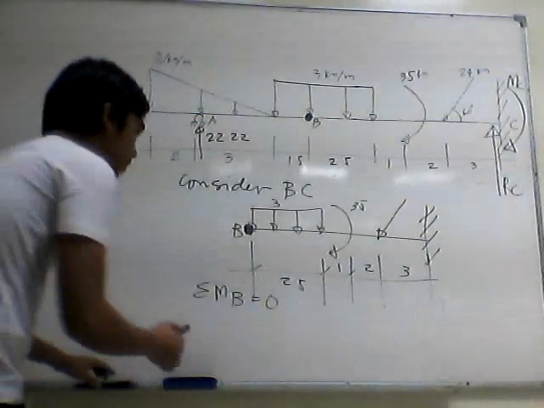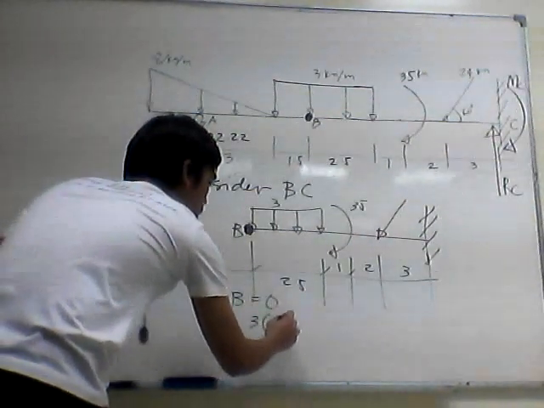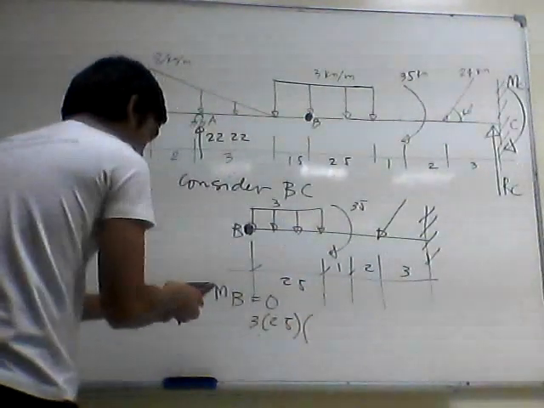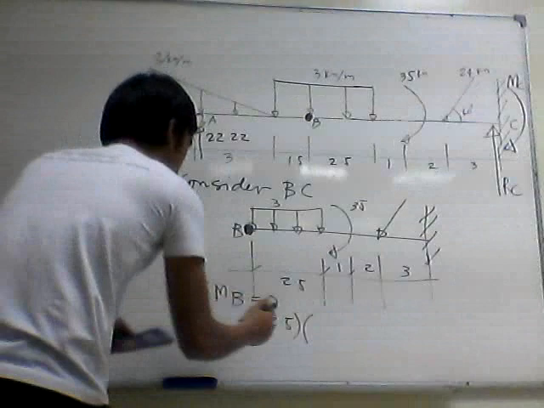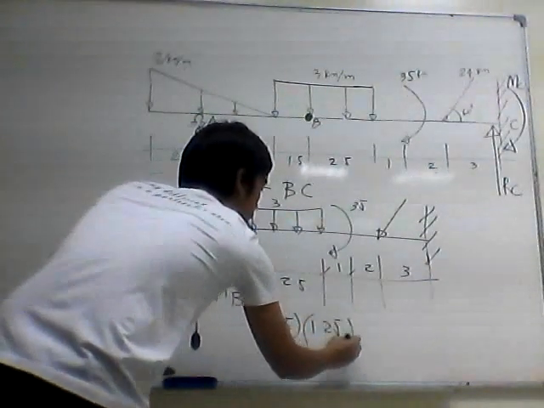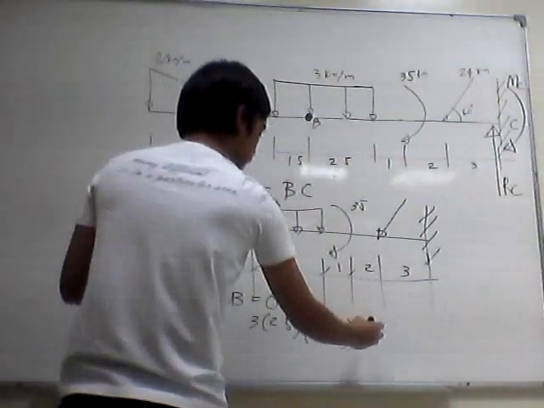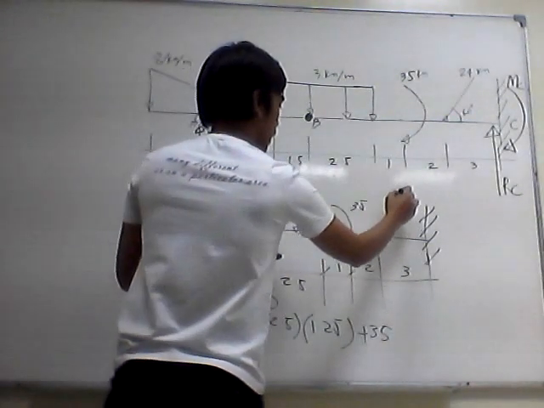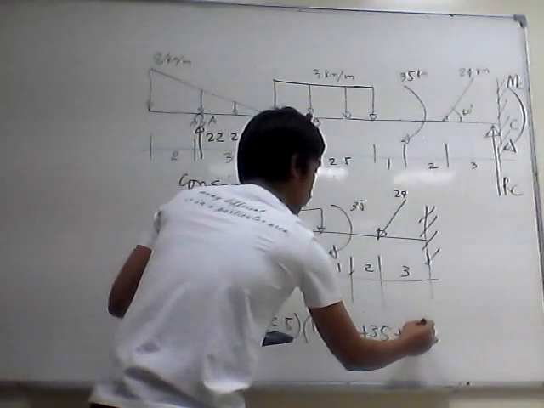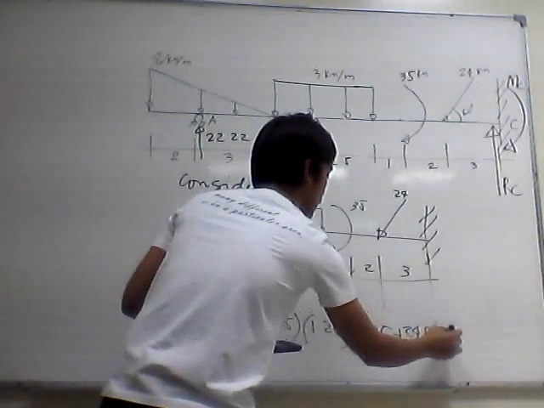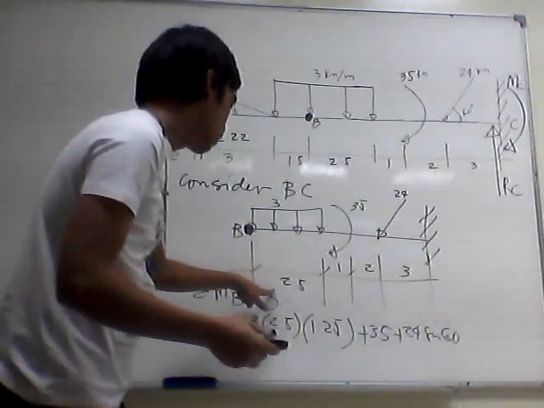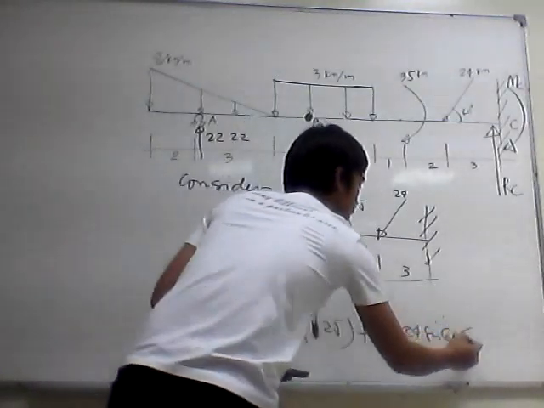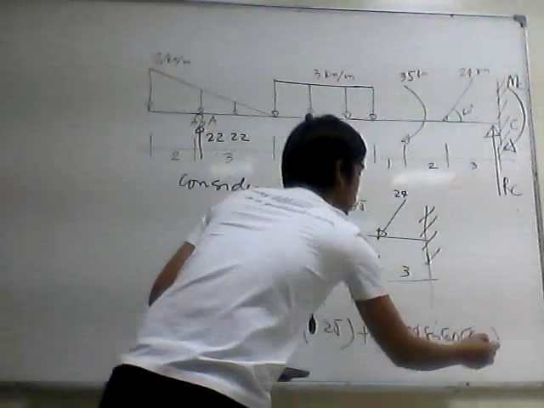We take this one. 3 times 2.5 multiplied by 2.5 over 2, that is 1.25, plus 35, plus 24 sine 60 multiplied by 2.5 plus 3, that is 5.5.